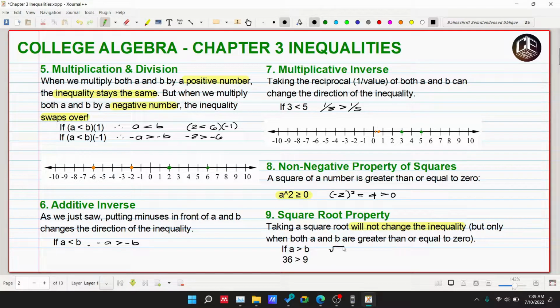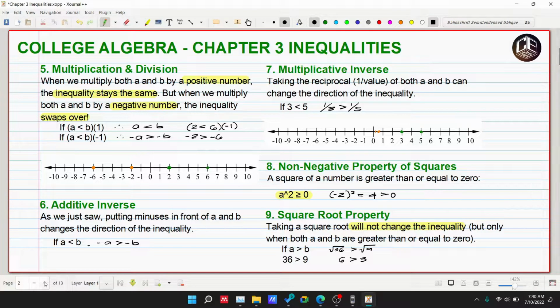Pero kung i-square root natin yan, both sides, so square root of 36 and square root of 9, ang lalabas sa value, this is 6 and this is 3. So, ano mangyayari sa kanila? Same lang yung direction or hindi magbabago yung ating inequality.